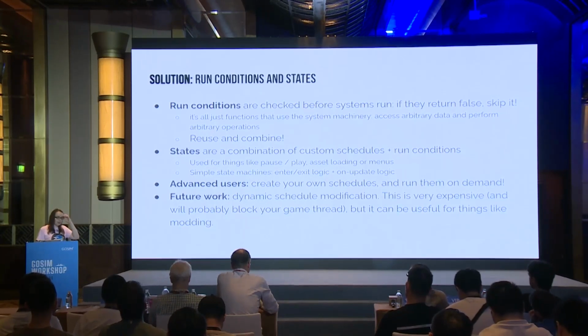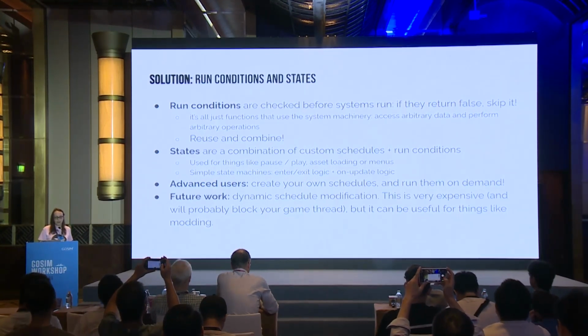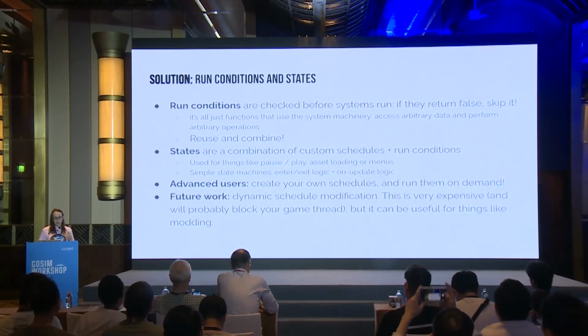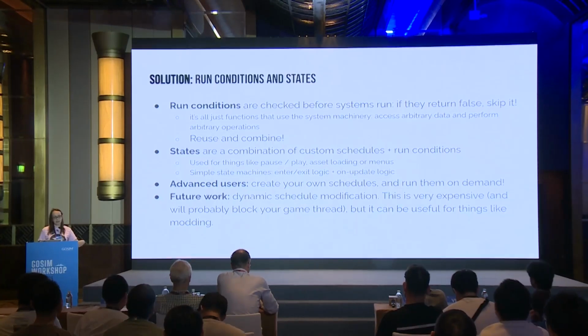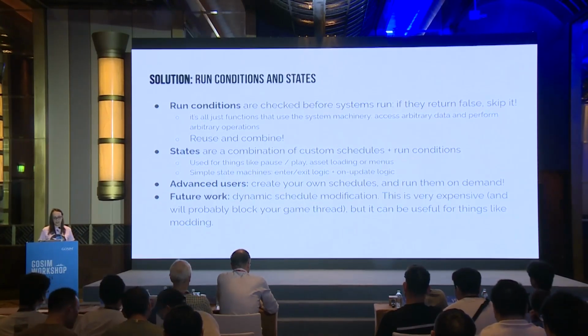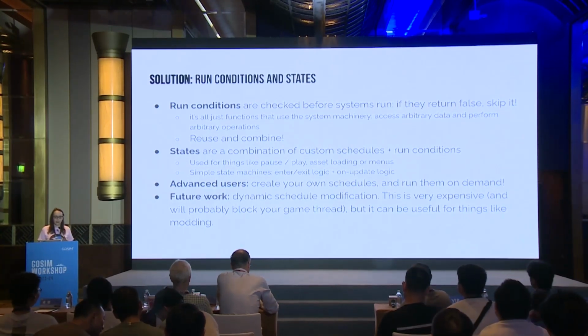So there's a simple abstraction and a slightly more sophisticated one here. The first one is run conditions. Before each system is run, before a task is dispatched for it, we check some data from the world, and if the function that we call returns false, the system just doesn't run.